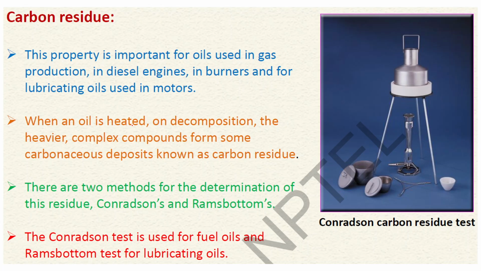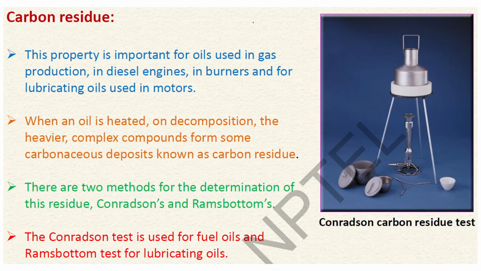Now coming on to the carbon residue. As we know, all these cuts are basically hydrocarbons, which consist of carbon and hydrogen. When we burn this crude oil, cracking will take place and oxidation will take place.